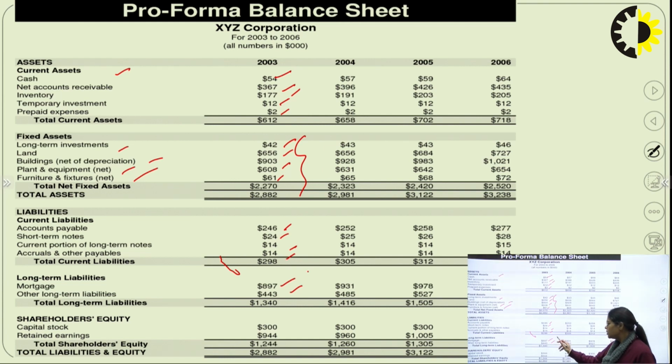Then we add all these liability values, and after that we put the shareholder equity values, like if we purchase some shares of the company, then we also put these values, capital stock and retained earnings, and this is the total equity value. And now the total liability and equity value is this.